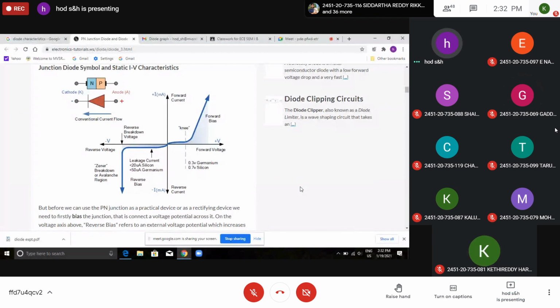See, so in the reverse bias in the third quadrant, the first value is 0, for 0 it is 0 only. Then suppose for 5 volts, it is 0.1 milliamps. Then 10 volts also it is 0.1 milliamps. 15 also it is 0.1. 20 also it is 0.1. 25 also it is 0.1. Once it is 28, you will be getting some value here, a point.